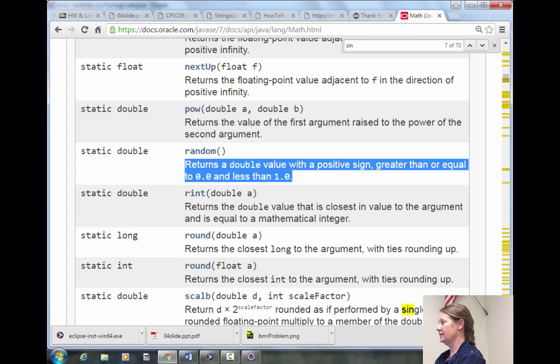So if you run it again, and you run it multiple times, it should give you different digits between 0 and 9. Make sure that you have these parentheses around math.random too.